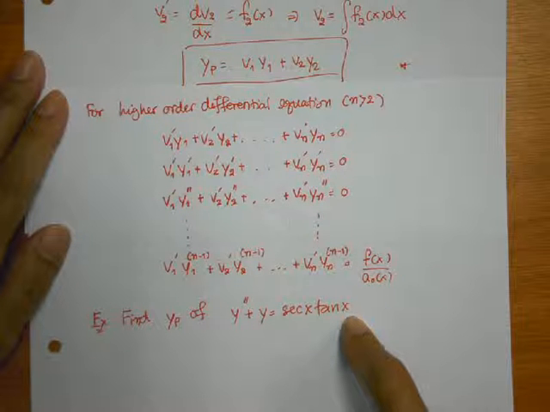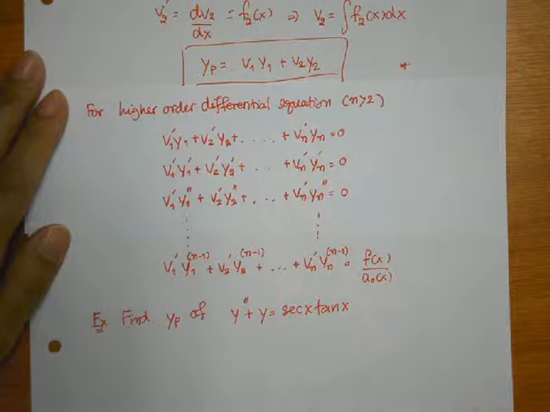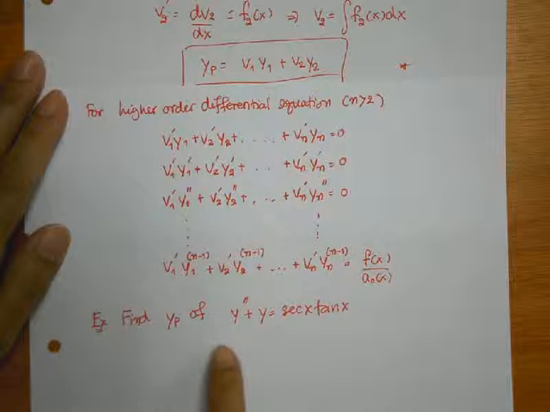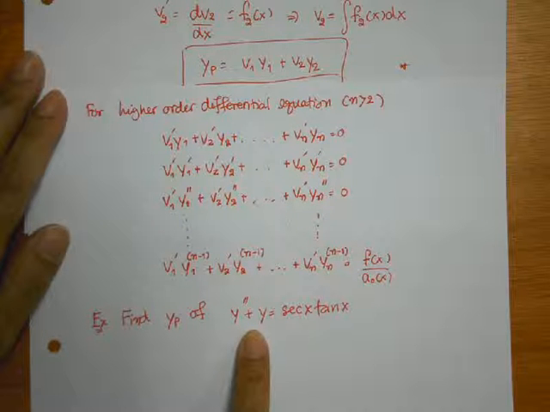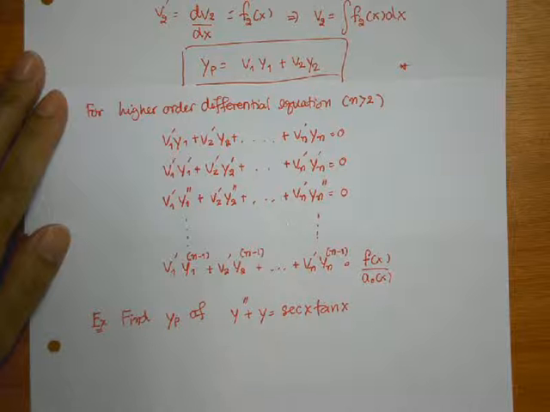Can you use the operator technique? The first one we call what? Successive integrating. Can you use successive integrating? You can't, because here you've got D squared plus 1. You can't make it in the form of D plus something times D minus something.